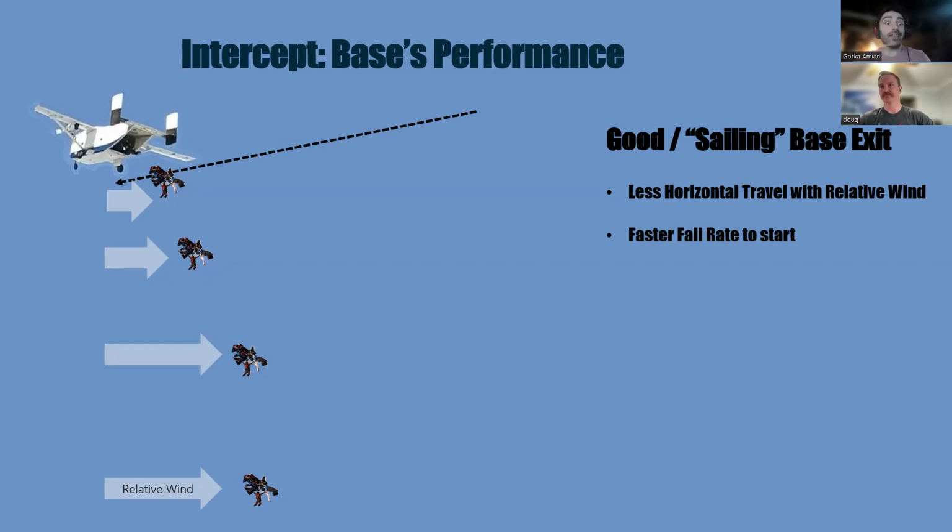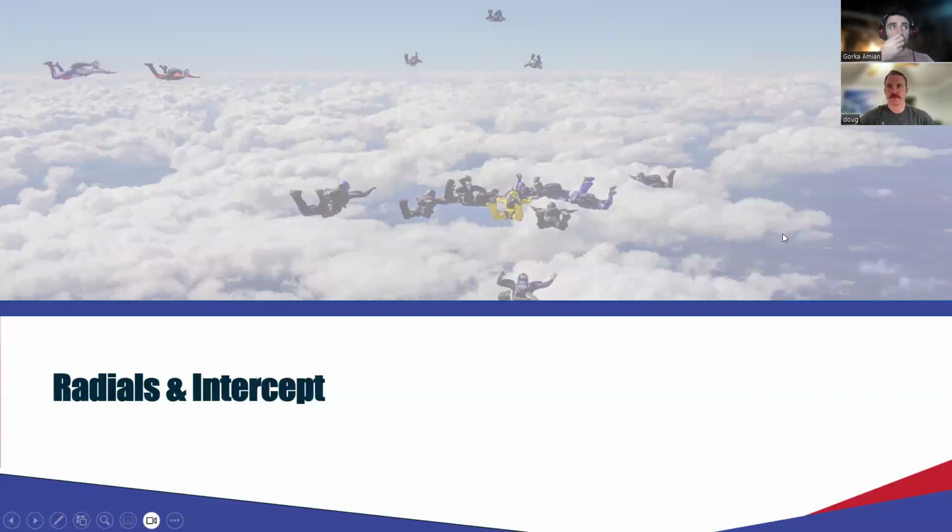Essentially, sailing is just floating on the hill. That's another way to think about it. A solo flyer has the ability to fall a lot faster than an 8-way chunk. Therefore, a solo flyer as an exit will have less horizontal travel and a faster fall rate to start. Okay, with that, we're going to move on to radials and intercepting.